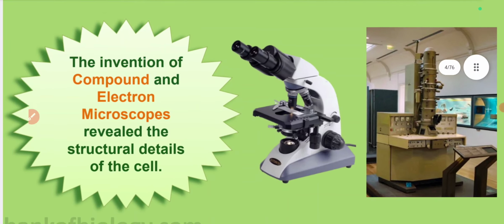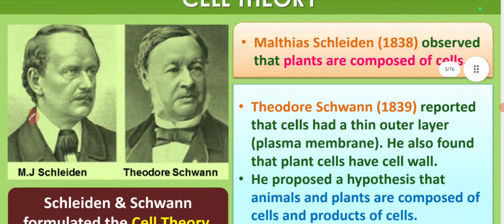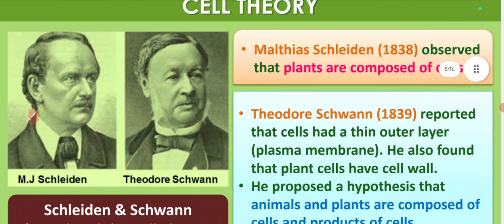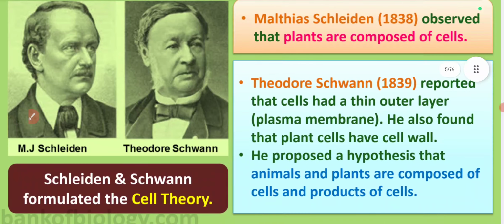Cell theory. Matthias Schleiden in 1838 observed that plants are composed of cells, and Theodor Schwann in 1839 reported that the cell has a thin outer layer, the plasma membrane. He also found that plant cells have a cell wall.